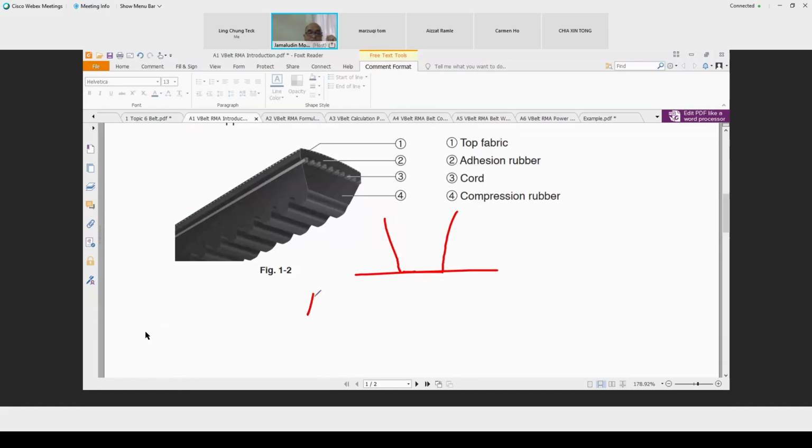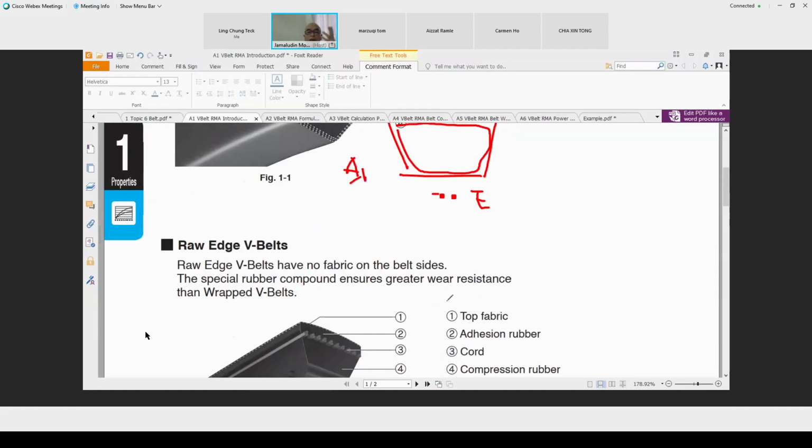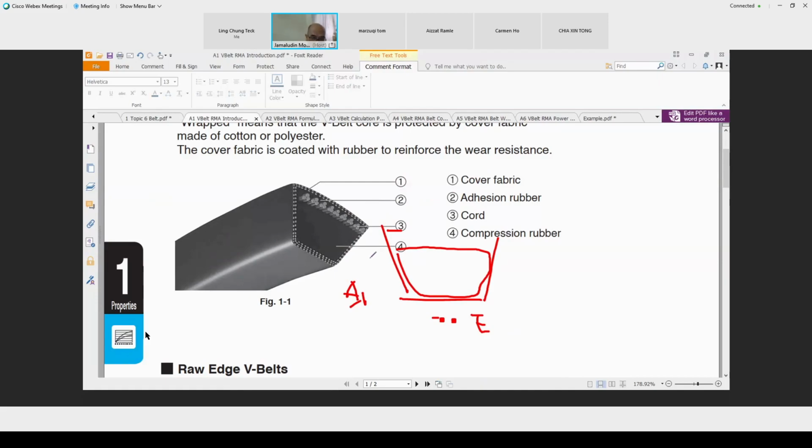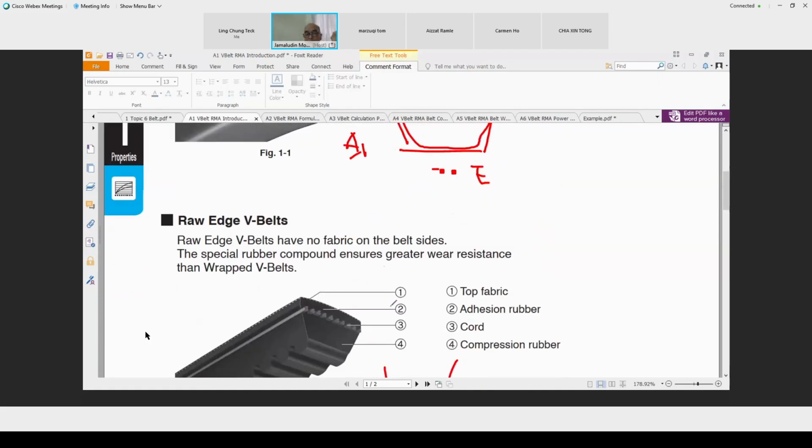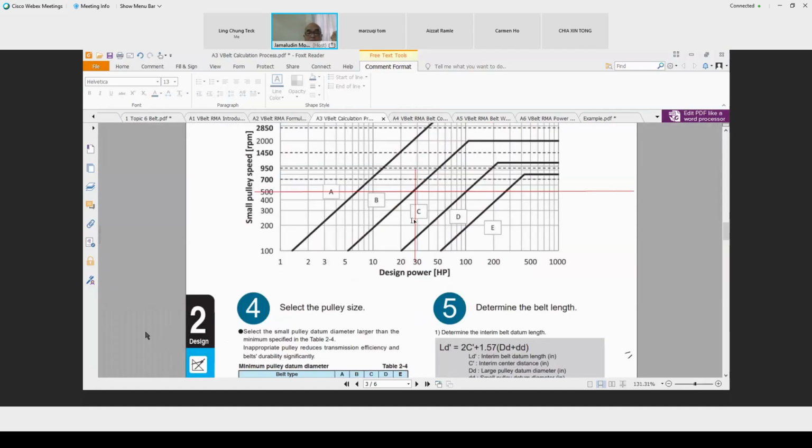We have AX until EX. That's the choice we have. You can have A, or you can have AX, or CX as well. In this case we just choose C. All right, so this will be our C.